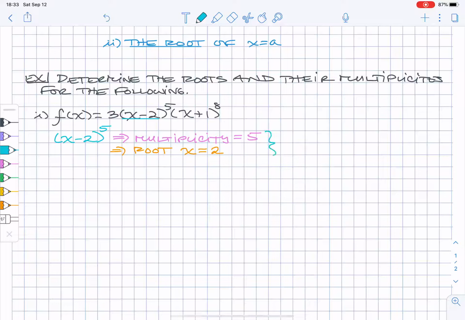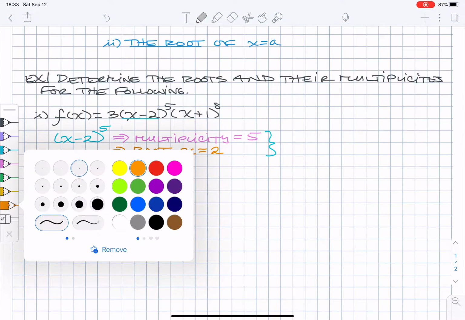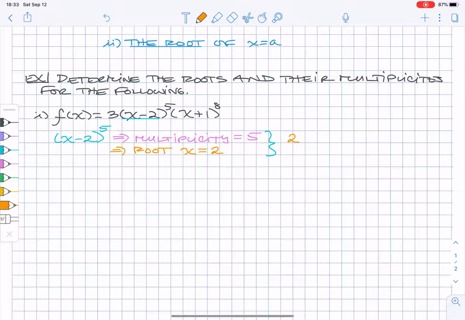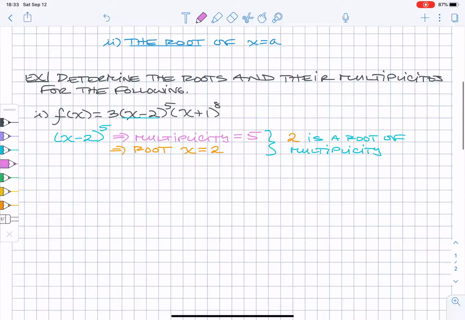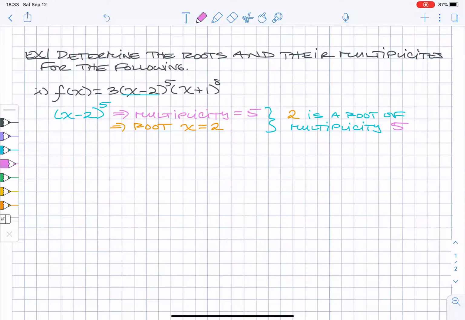So the way we say this is 2 is a root of multiplicity 5. Another way to state this would be the multiplicity of the number 2 is 5.